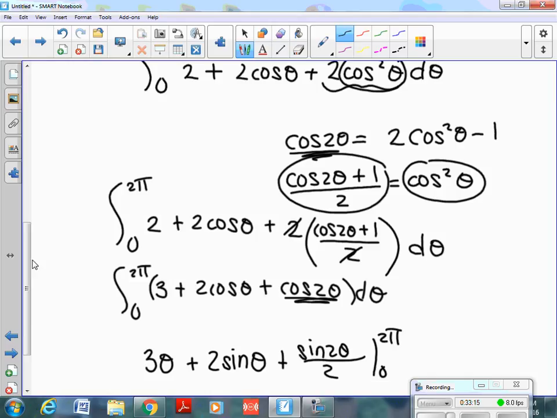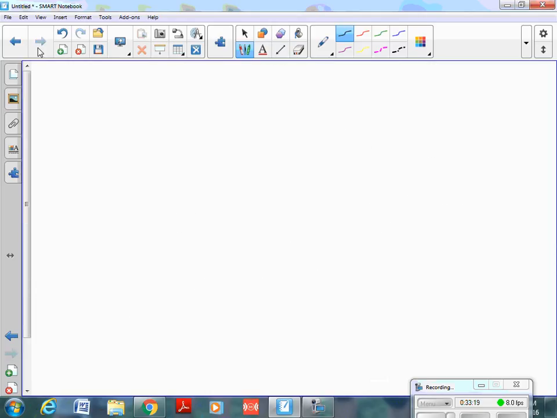The next one is, you can follow along with me on page 561. I'm just going to show you example number 8, which is the area between 2 curves.